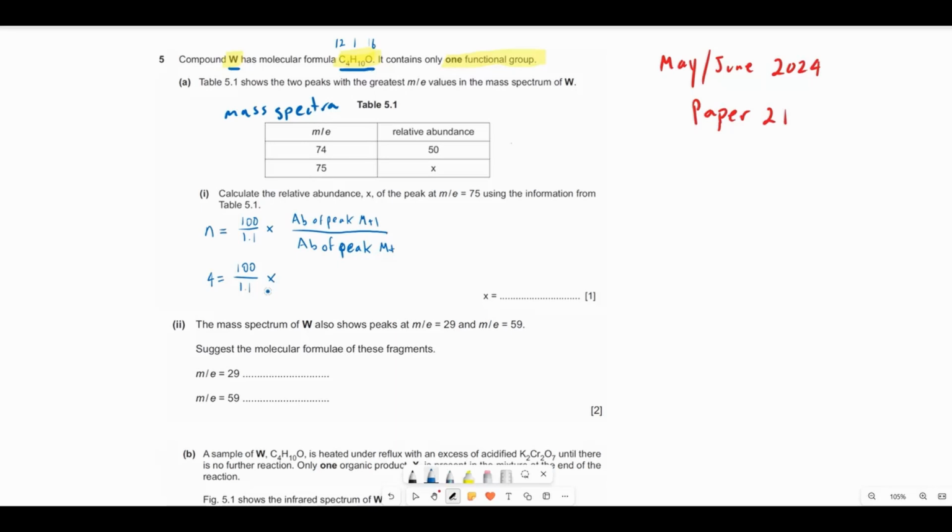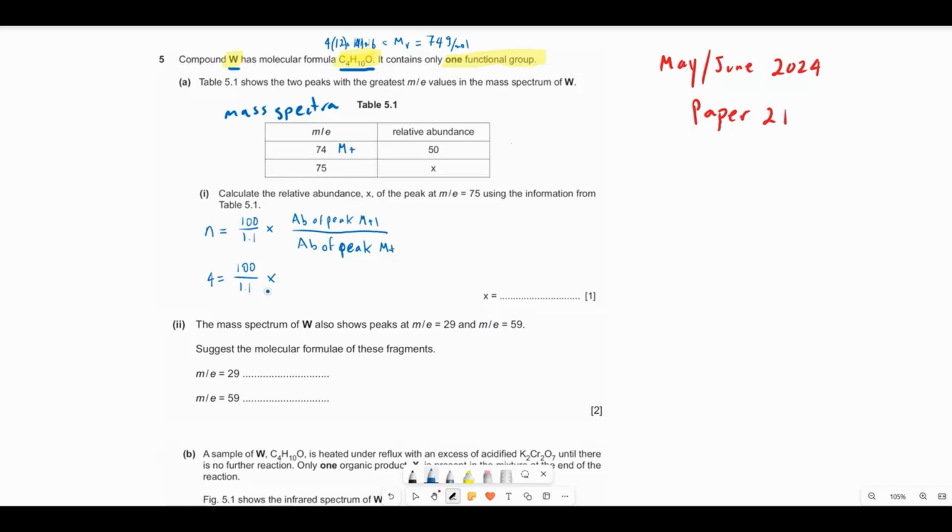Well, in this formula, there are 4 carbons times 12, plus 10 hydrogens times 1, plus 1 oxygen, which is 16, gives us a total molar mass for this compound of 74 grams per mole.